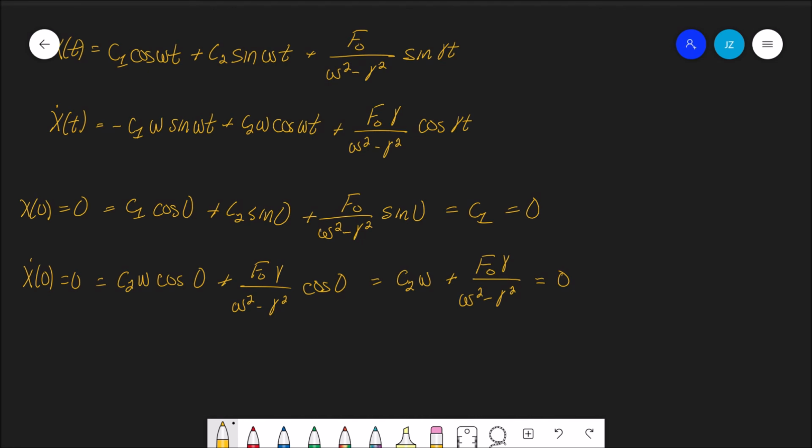And so C2 would equal negative F naught gamma divided by omega times omega squared minus gamma squared.